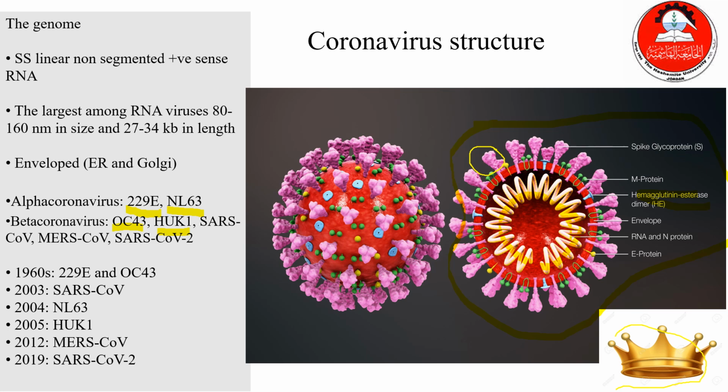Then in 2004 and 2005, the other 2 common cold coronaviruses, NL63 and HKU1, were isolated. In 2012, the MERS-CoV was isolated in Saudi Arabia, and in 2019, the recent outbreak and pandemic of COVID-19 occurred. They found that the COVID-19 virus has a structure similar to the SARS-CoV, so it was called SARS-CoV-2.